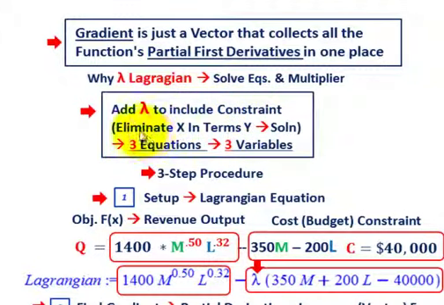And our solution will now be able to come up with an exact solution for, in this case, our material and labor. Really, it eliminates the x in terms of y solutions. Our x would be like material and y would be like our labor, and we want to come up with an exact amount rather than x in terms of y. So you end up with three equations and three unknowns, so you can have a three-step procedure. Let's go through that.